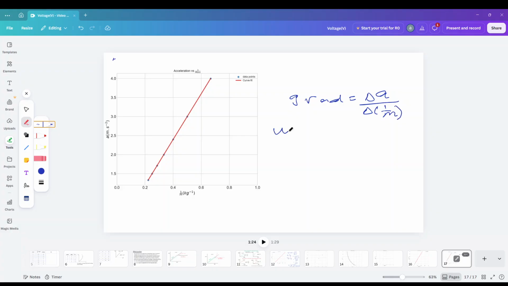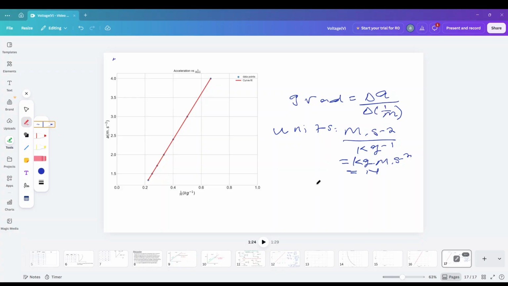And the units of acceleration are meters per square second, and the units of 1 over m are per kilogram. So this is kilogram meters per square second, which is newton. Okay, so the gradient of this graph is going to give us the force.